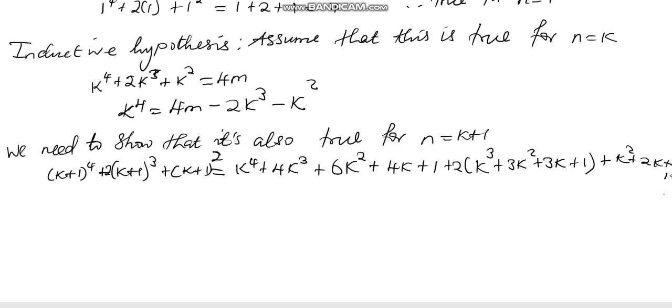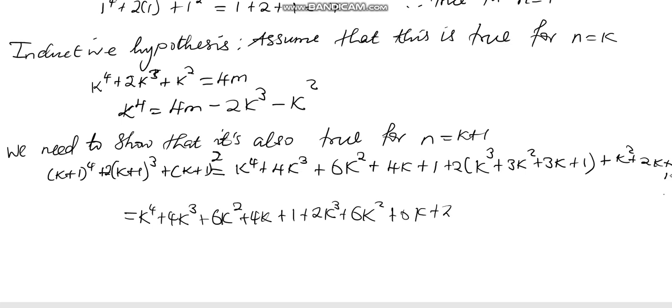So now we have k to the power 4 plus 4k to the power 3 plus 6k squared plus 4k plus 1, plus 2k to the power 3 plus 6k squared plus 6k plus 2, plus k squared plus 2k plus 1.